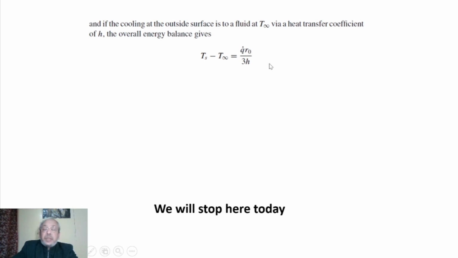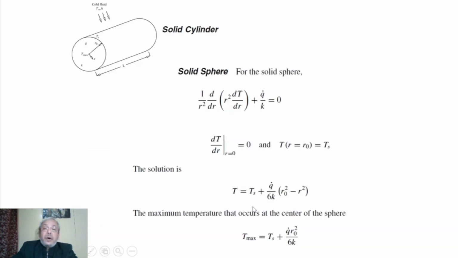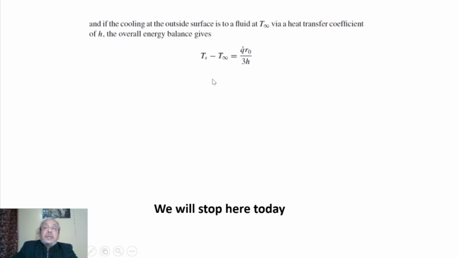So for the solid cylinder we found Ts equal to T infinity plus Q star R naught by 2h, and for the solid sphere it is Ts equal to T infinity plus Q star R naught by 3h. That is the difference. This can now be done for cylindrical shells and also for spherical shells.